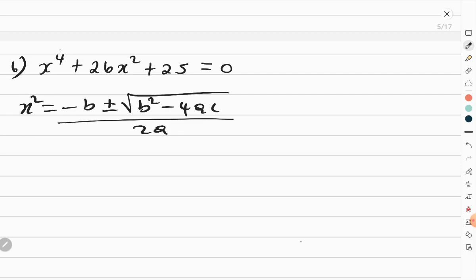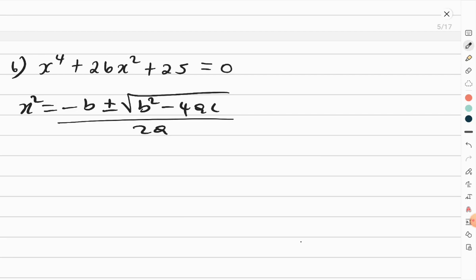Because we are treating it as a quadratic formula, I'm going to show you another method if it applies here. Whatever solutions we get here belong to x squared, because this is not a basic quadratic equation, since this is x to the power of 4. So x squared is equal to the solutions that we are going to get, and we solve again.